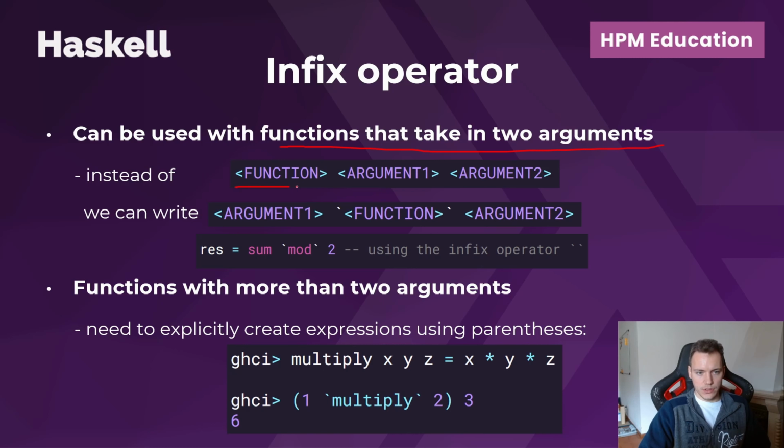So we wrote functions such as function and then argument 1, argument 2, but we can actually write the argument 1 first, then the function wrapped in these little backticks, and then argument 2. So infix operator is actually the backticks. So our res from last slide could be written as sum and then mod in backticks 2. And this would apply the function mod to the arguments sum and 2.